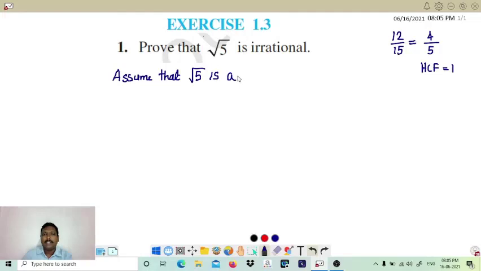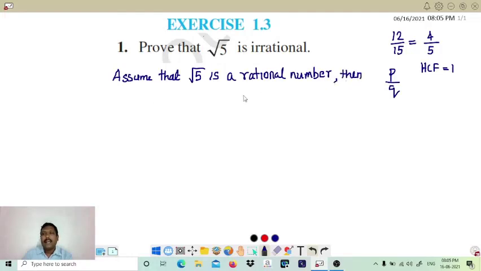We have studied what a rational number is: a number of the form p by q, where p and q are integers, is called a rational number.